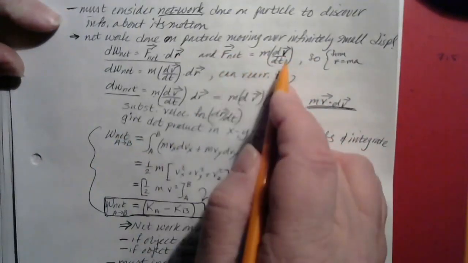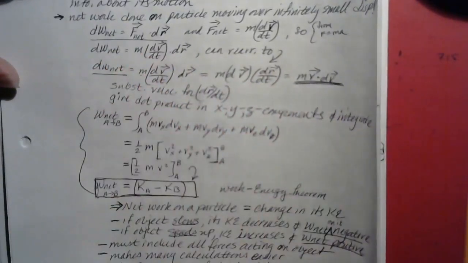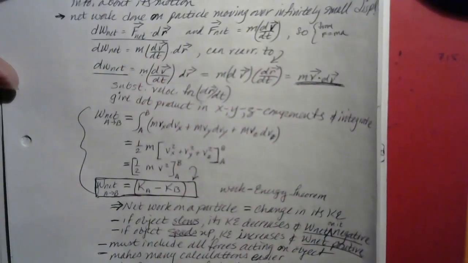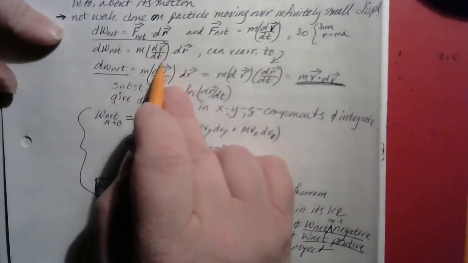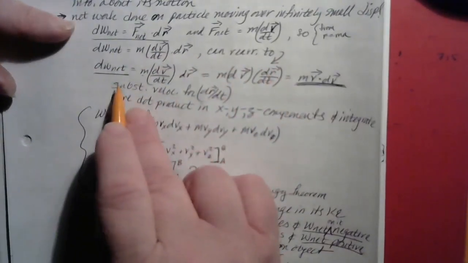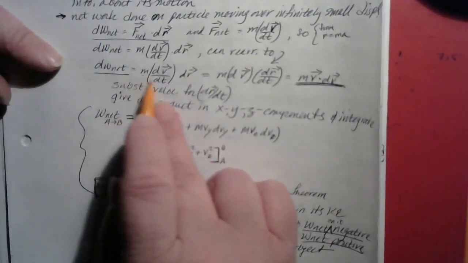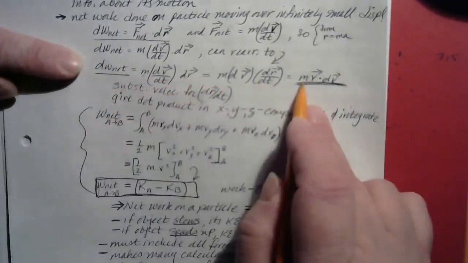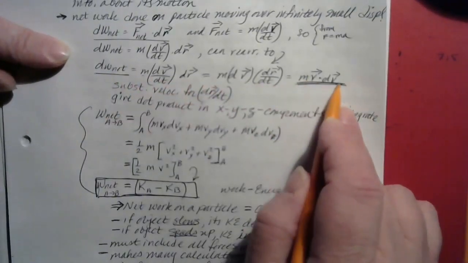I just wanted to make sure that my r's and my v's didn't look alike there. So we can substitute m dv dt in for F net, and we get dW net, that is the incrementally small change in work done over an infinitesimally small change in displacement, is equal to m times dv dt times dr. And you can rearrange that through various steps here and end up with dW net is equal to mv times dv.